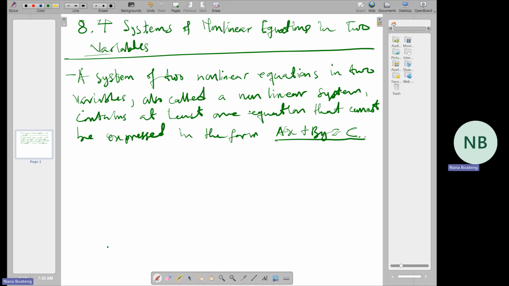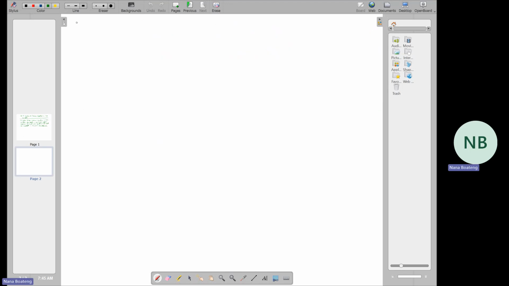Let's look at our first example. Example one: we have the system x squared is equal to y minus 1, and our second equation is x minus y is equal to -1.